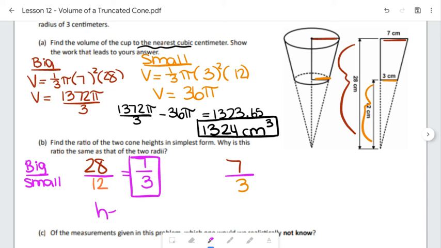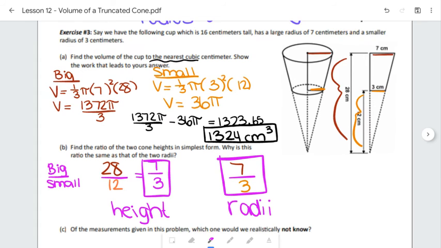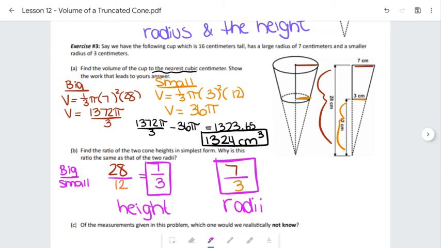So here is my height, here is my radii. Those are the 2 dimensions I need. But notice, in these 2 cones, they're both in the same proportion. So this ratio should make sense to us, because they're similar.